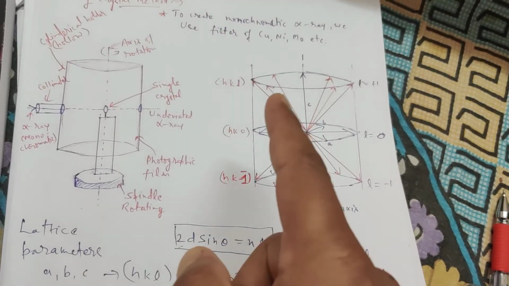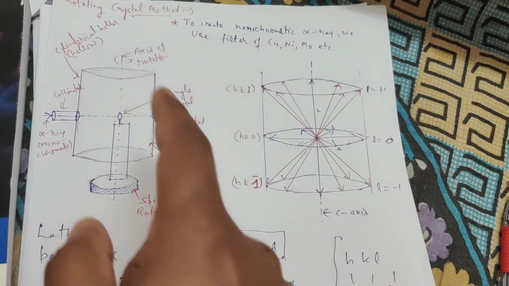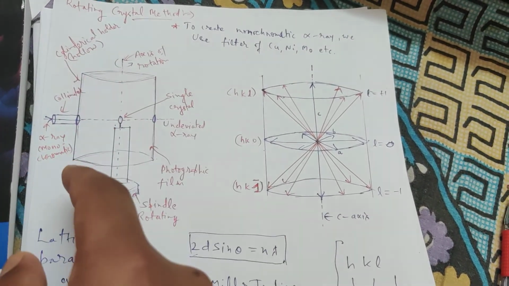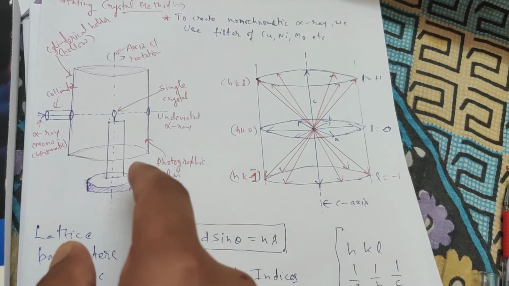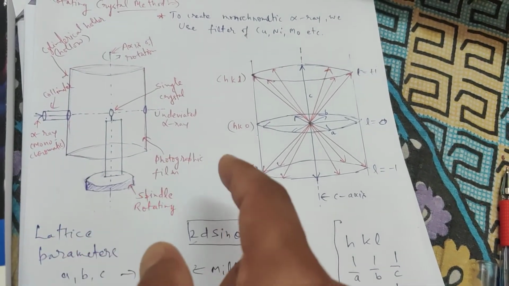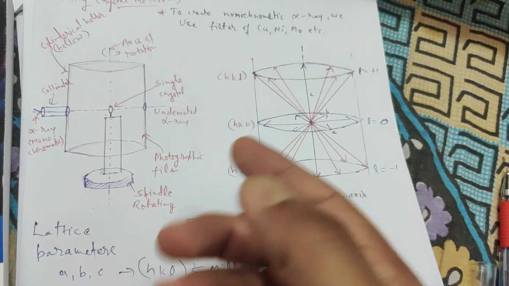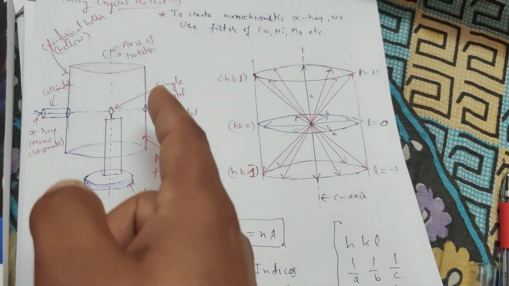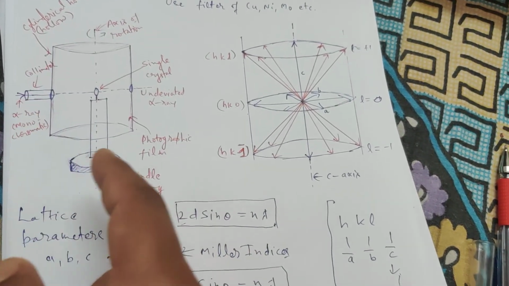And this is your diffraction pattern, which is obtained on the photographic film. Earlier I said this is acting as a camera. Why is this acting as a camera? Because we are taking a diffraction pattern, a kind of picture, on the photographic film. Therefore this whole cylindrical setup is known as your optical camera.